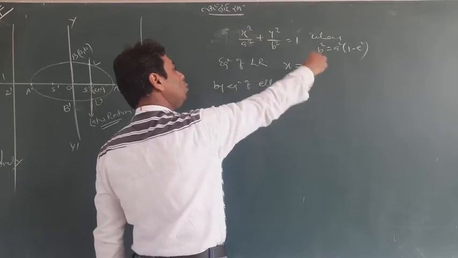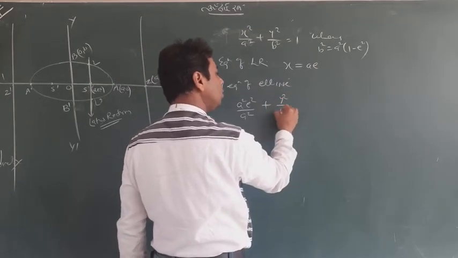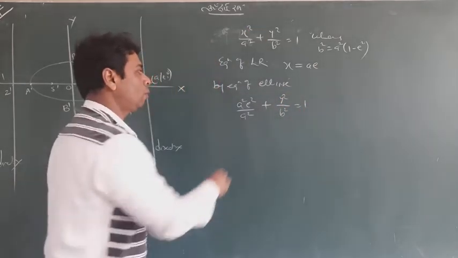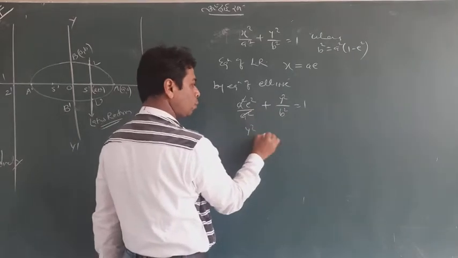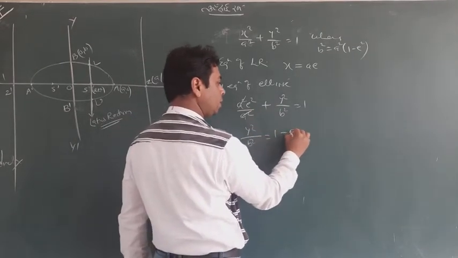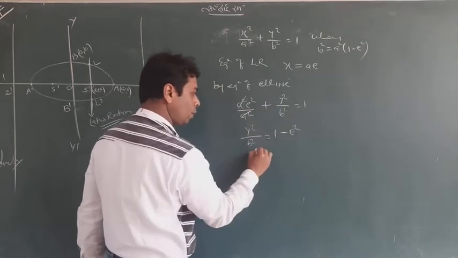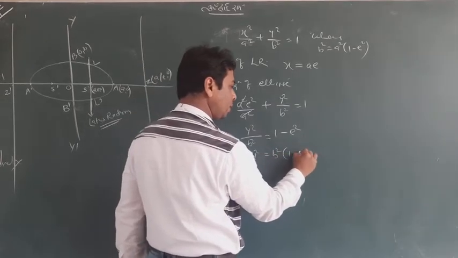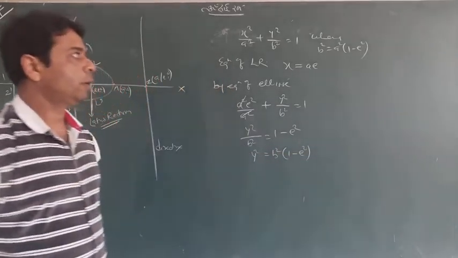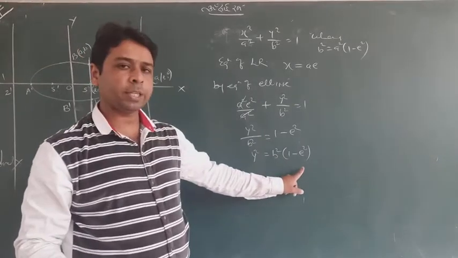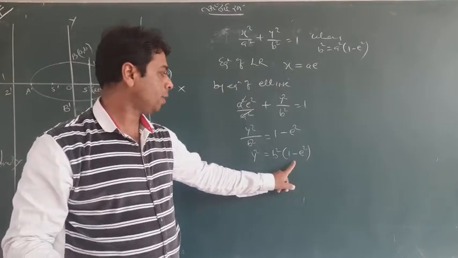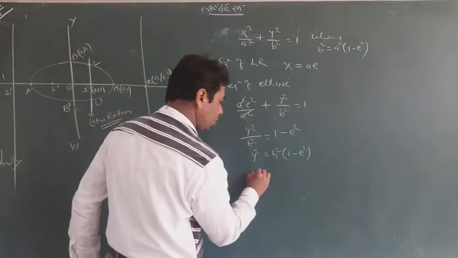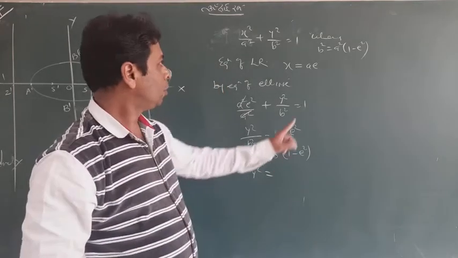You know, x equals ae I have put, plus y squared upon b squared equals 1. Now these two cancel. y squared upon b squared equals 1 minus e squared. And y squared equals b squared times 1 minus e squared. That's simple. y squared equals b squared times 1 minus e squared, we have got it. And I tell you one thing.